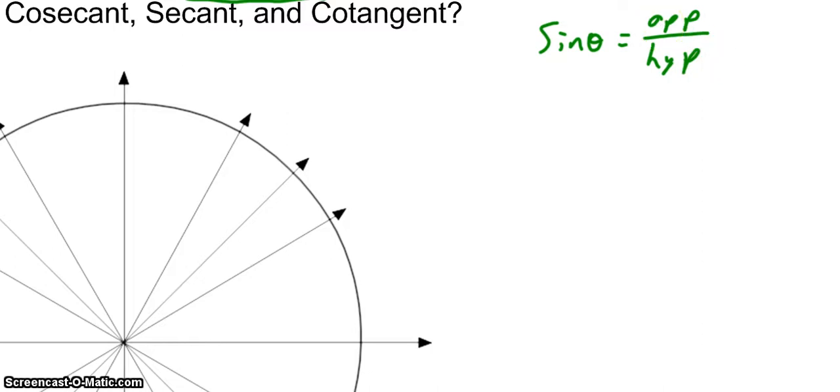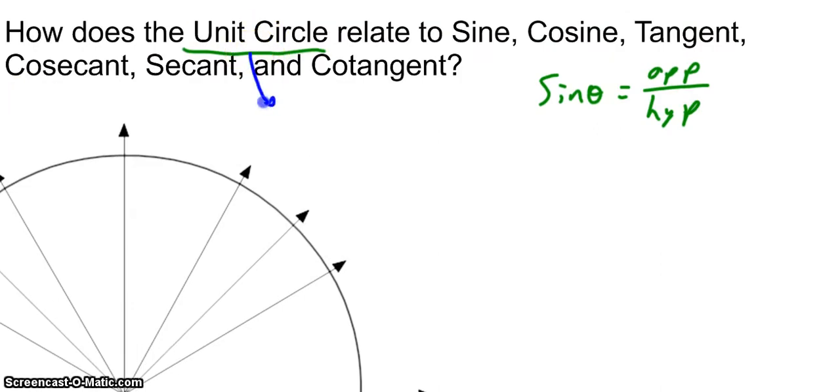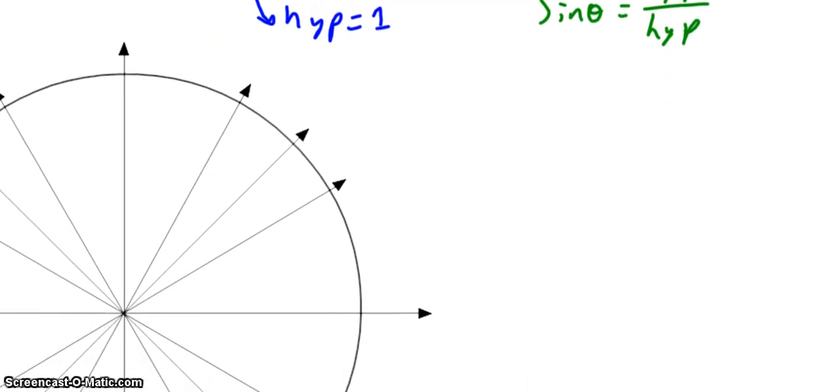But I know that any triangle I draw on the unit circle has a hypotenuse of 1. So when I say sine of theta is opposite over hypotenuse, the sine of theta is really just the opposite, because it's opposite over 1.